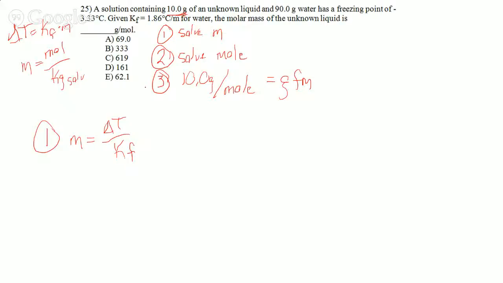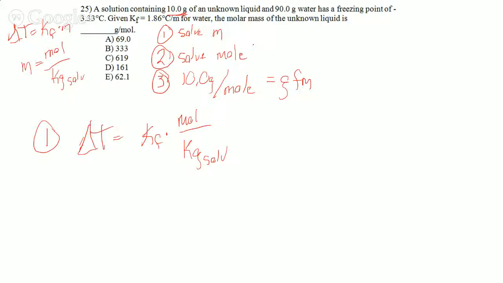You know what? I'm going to do it all in one big problem and show you how it's better. So we know delta T equals Kf times the molality, right? We also know that this molality can be expressed as moles per kilogram of solvent.